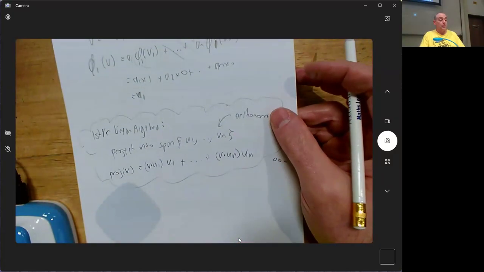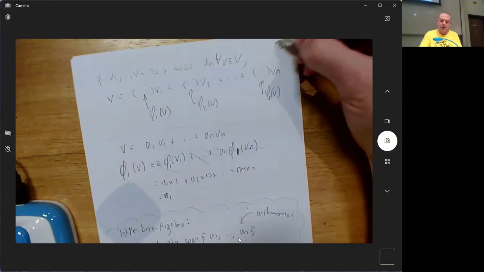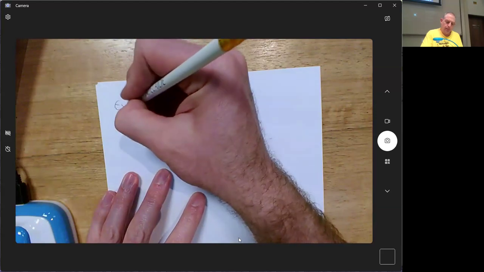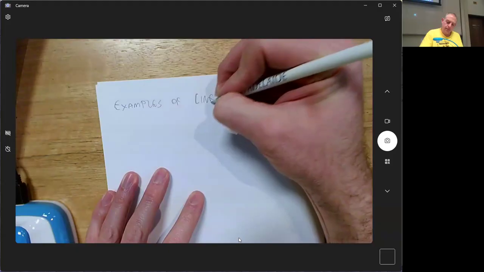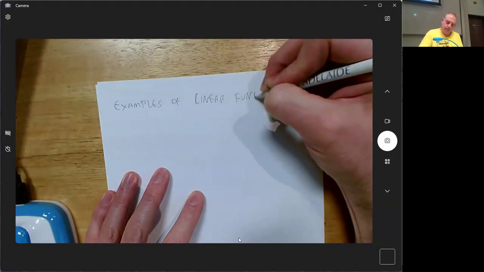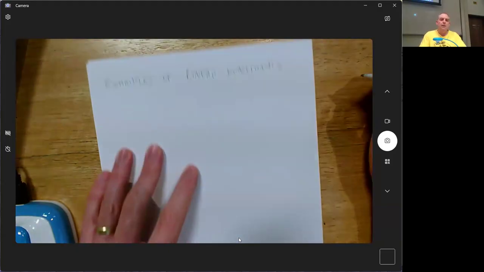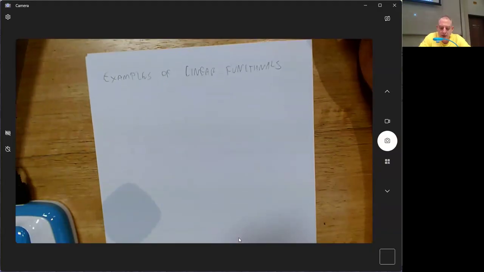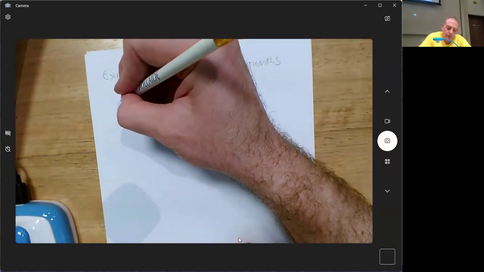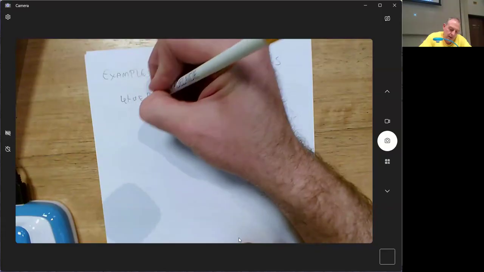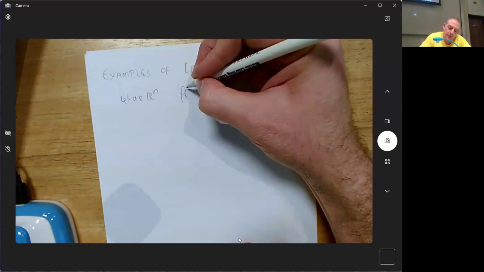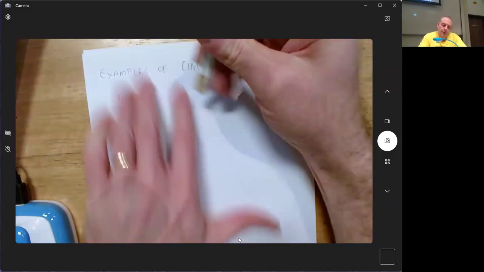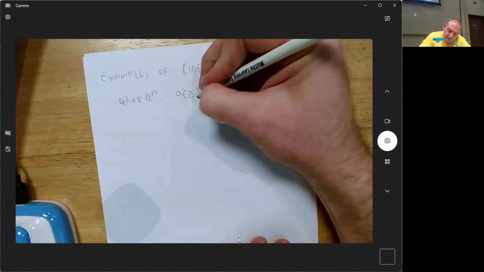I just need a little aside for my own purposes. So classic linear functionals: let A be in Rn, and then you can say that alpha of vector x is A dot x.